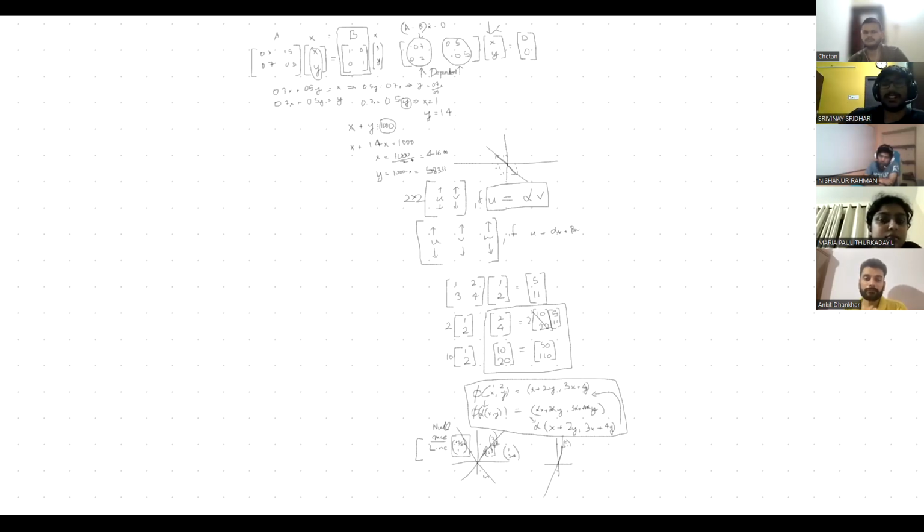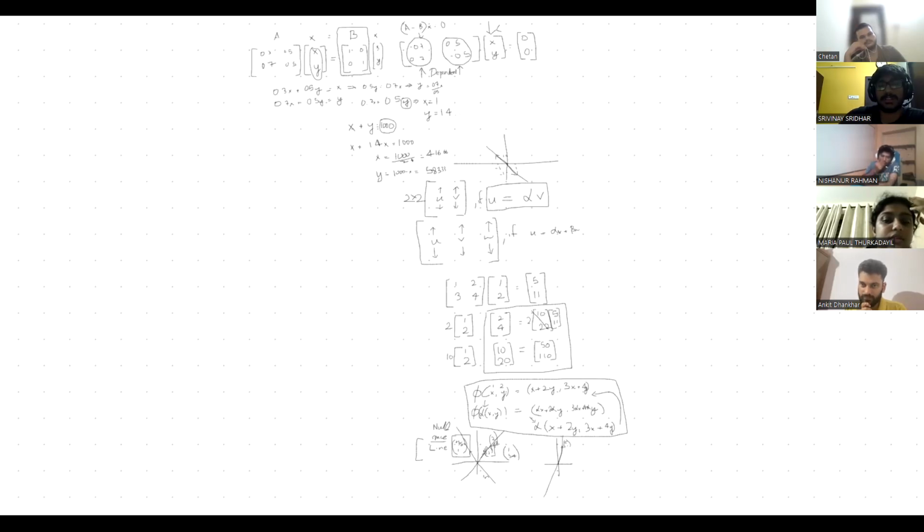Can someone just quickly tell me, if A was something other than this, say 1, 2, 3, 4, will it converge? No, it won't converge, right? We already saw that.